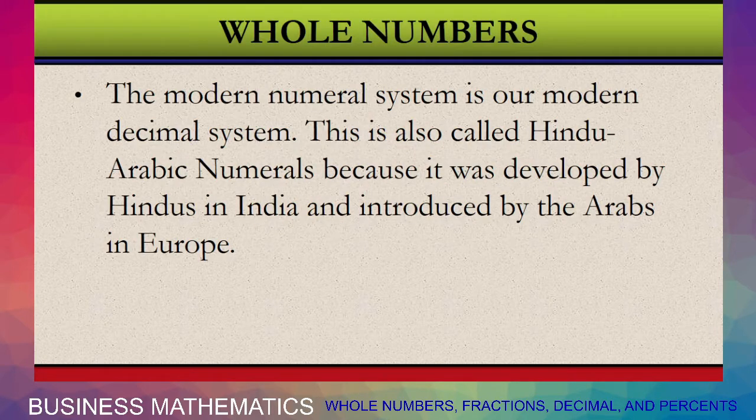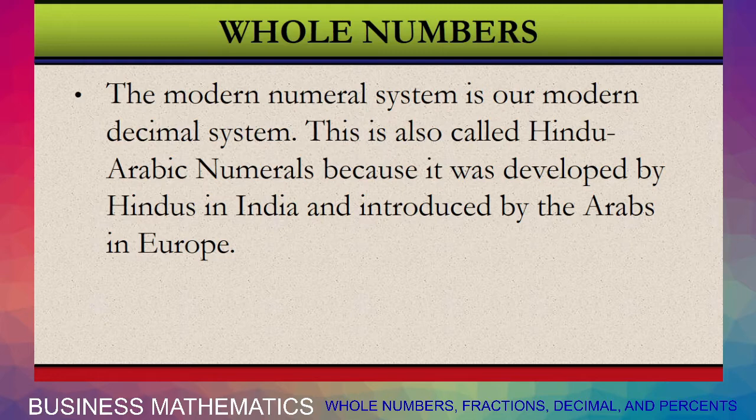So, the modern numeral system is our modern decimal system. So, this is also called Hindu-Arabic numerals because it was developed by Hindus in India and introduced by the Arabs in Europe. So, yun, sinasabi dyan, yung decimal system daw natin is a modern numeral system. So, yun nga, Hindu-Arabic numerals ang tawag doon.